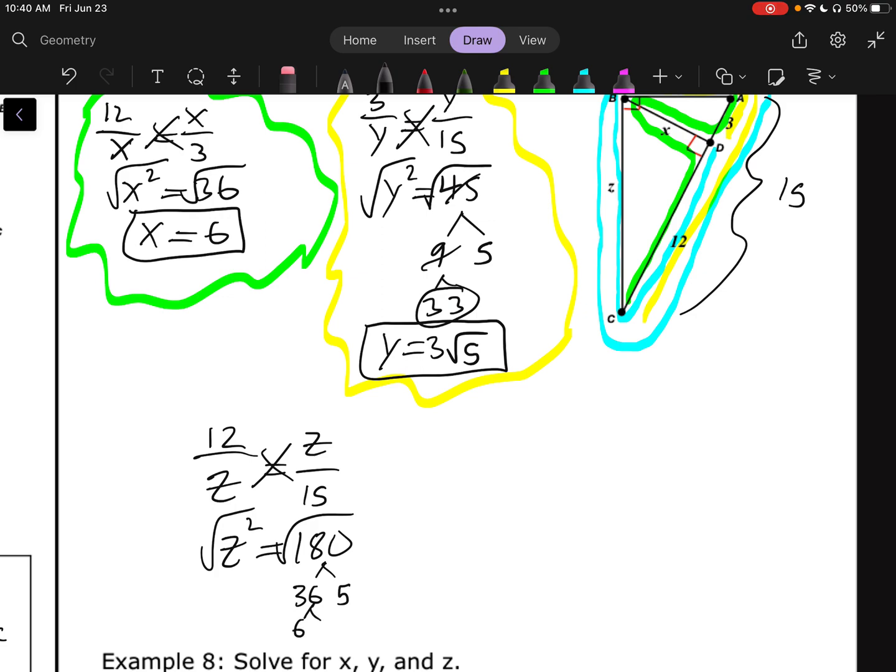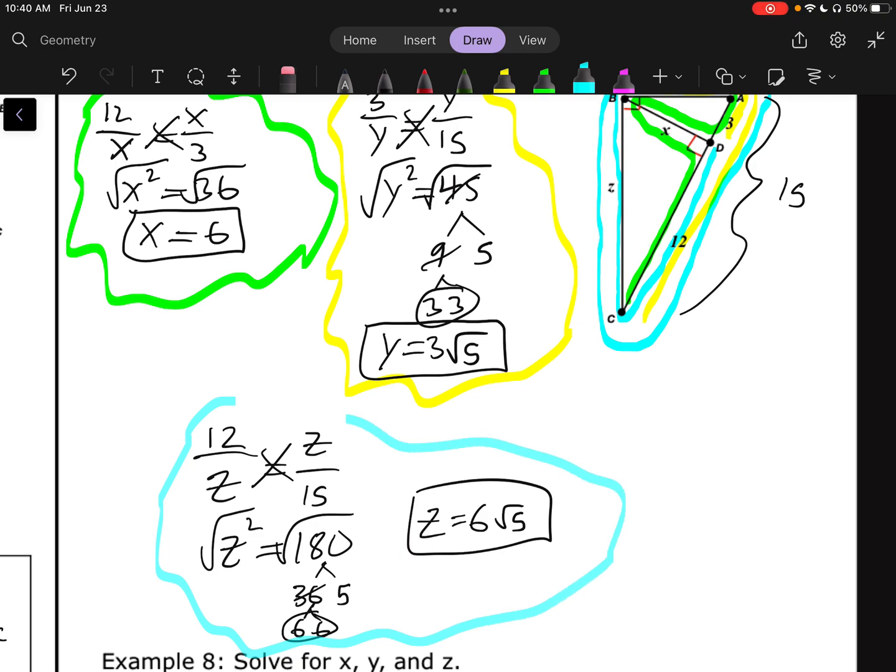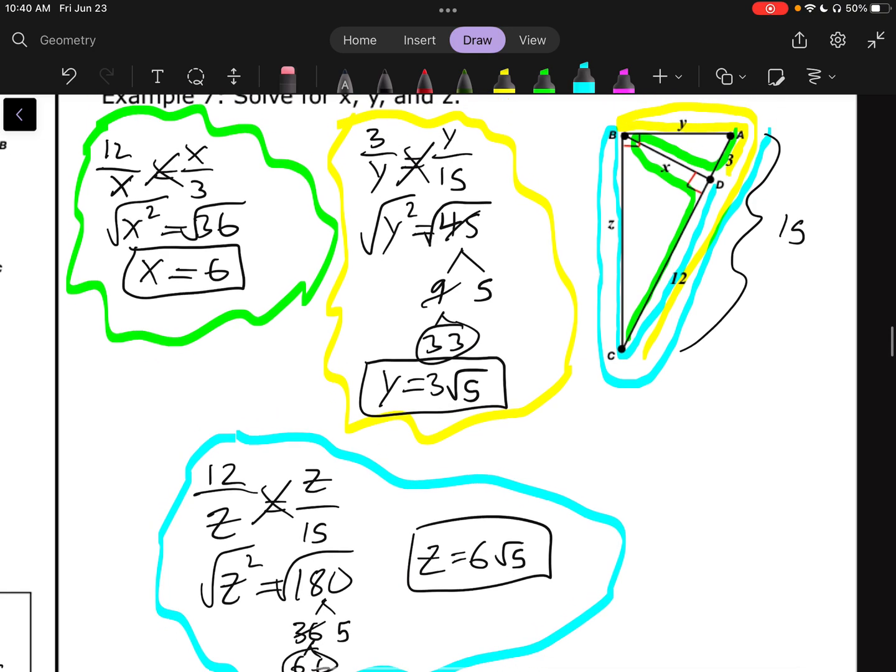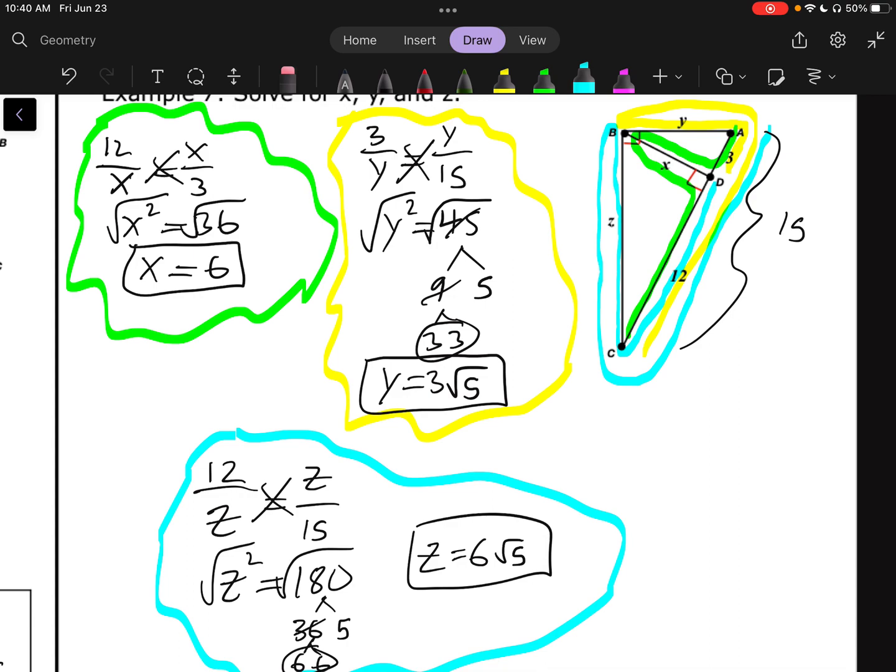And 36 gives me a pair of 6's. So I can say that z is equal to 6 square root 5. And there we go. I had to do all 3 there with 2 of the leg theorems and 1 of the altitude theorems.